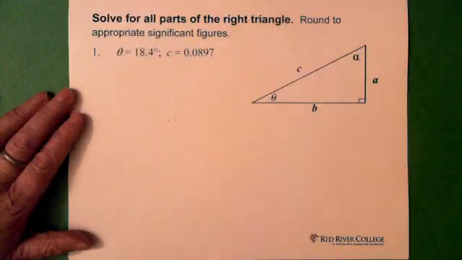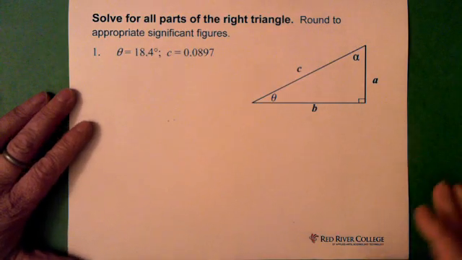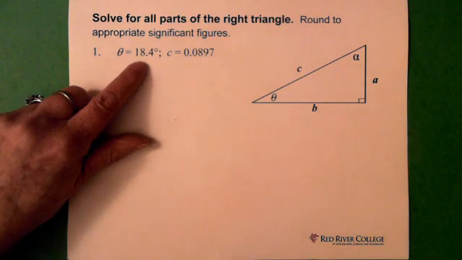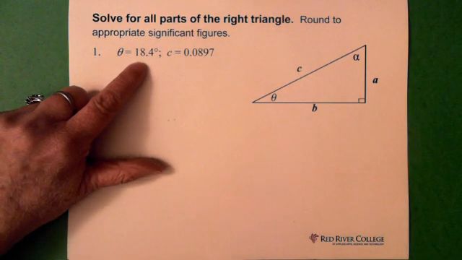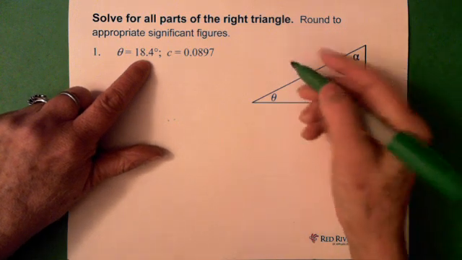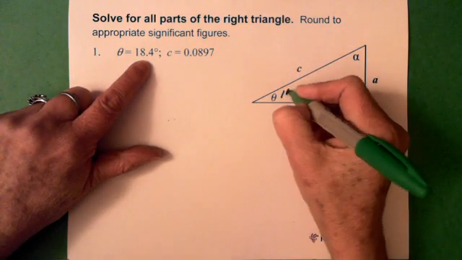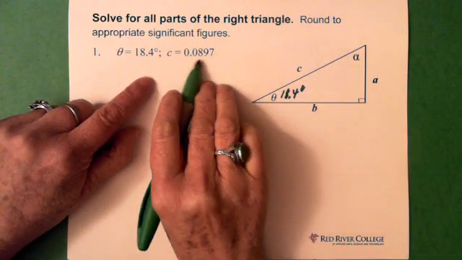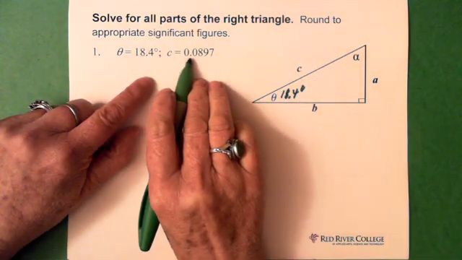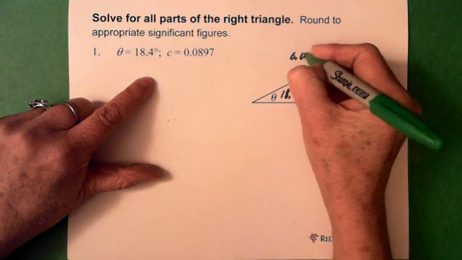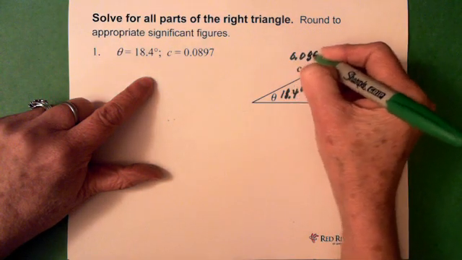Okay, so let's walk through one of these questions. In this question we're told that the angle theta is 18.4 degrees, so that's this angle right here. And we're told that side C is 0.0897.